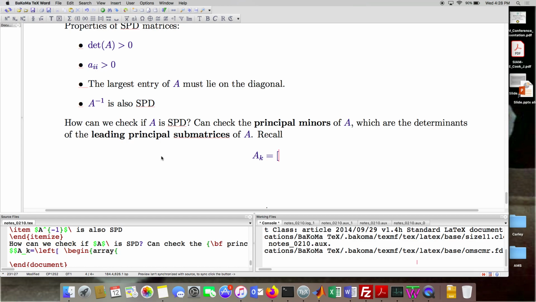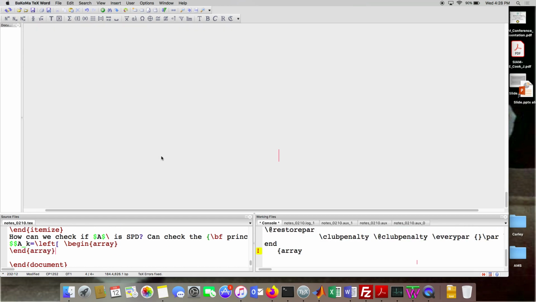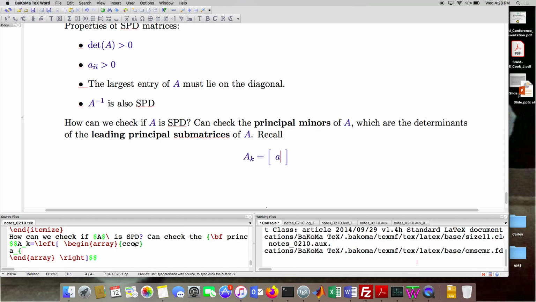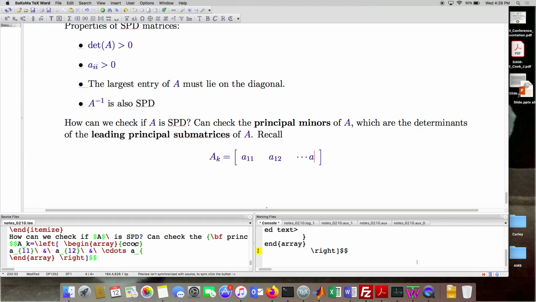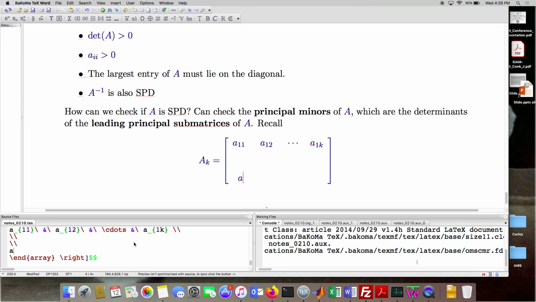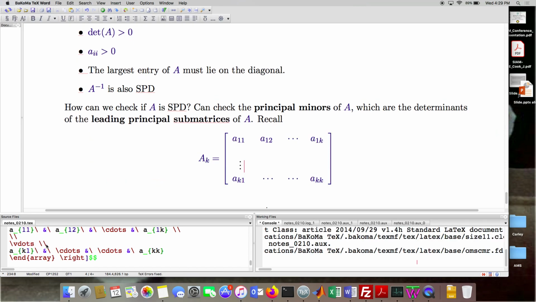this matrix, which I call A_k, consists of these entries: A11, A12, up to A1k, and so on.